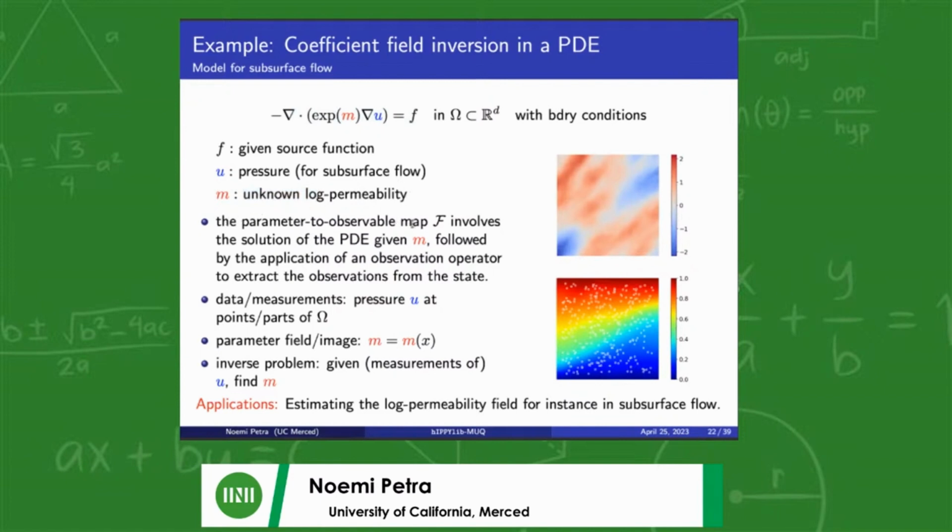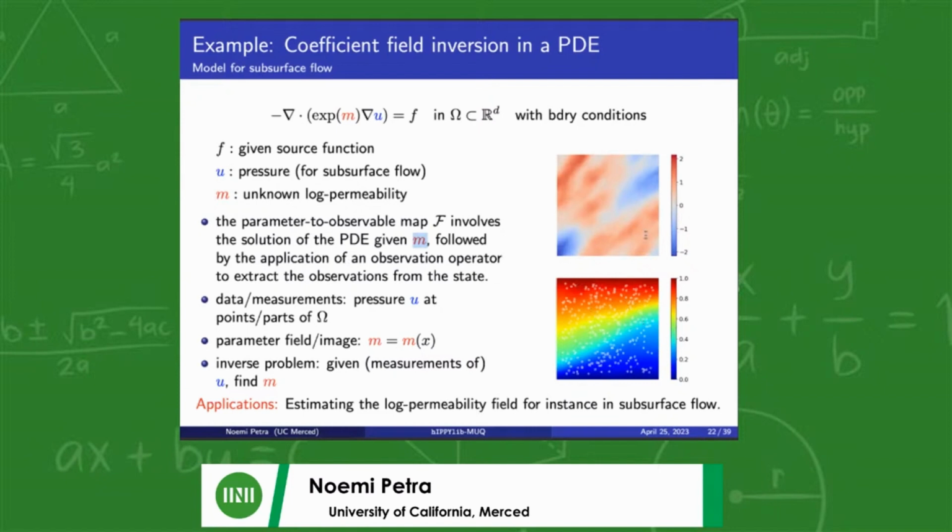We will denote the parameter to observable map by this calligraphic F. And this involves the solution of the PDE given some parameter, followed by the application of an observation operator. So for instance, on the right, I'm showing some synthetic measurements.